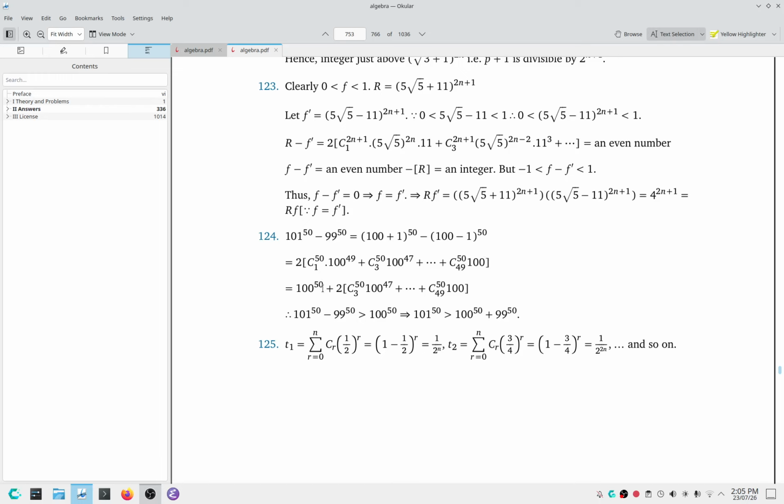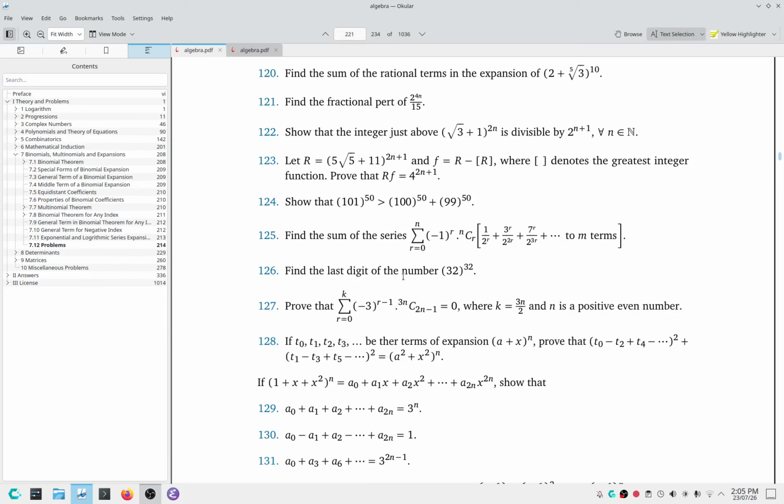So we don't take common, we just have 100 to the power 50 here, and this will be inside the bracket. So clearly we see that 101 to the power 50 minus 99 to the power 50 is greater than 100 to the power 50, and thus we have our result.